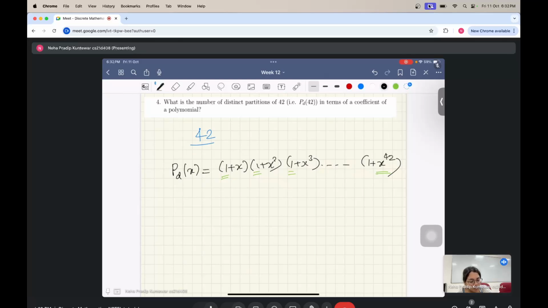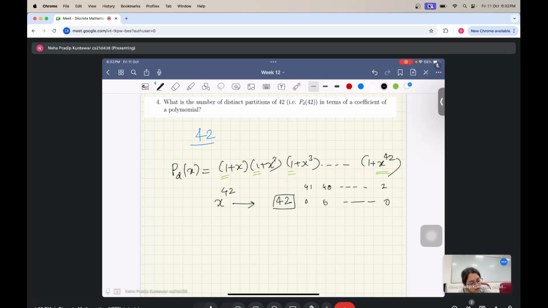If I multiply all these terms, I get x to the 42. This corresponds to one partition wherein I only choose 42, and from the other factors 41, 40, and so on all the way up to 1, I do not choose them at all. So this is one valid partition.